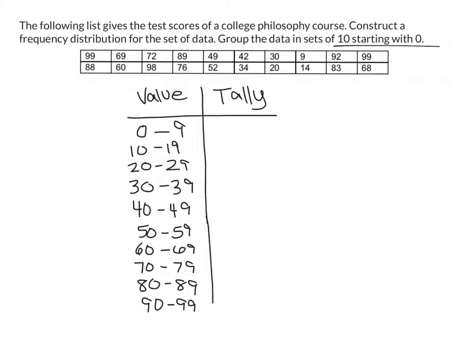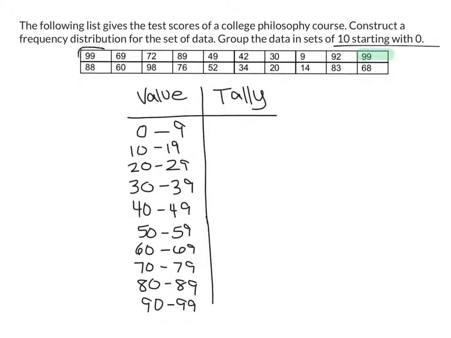And I stopped at 90 to 99 because my largest value in the data set is 99. So I don't need to go any higher than that. Now I'm going to look at the data set and place a tally mark next to the group that each value occurs in.